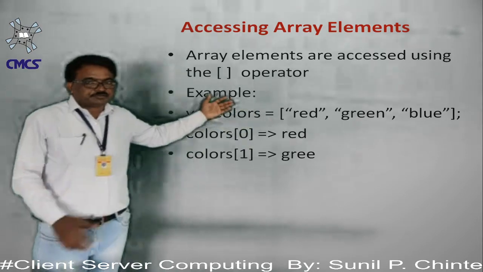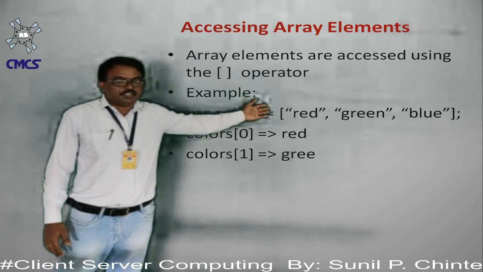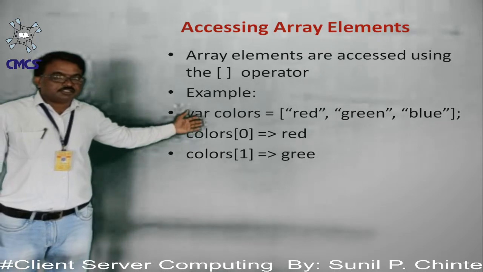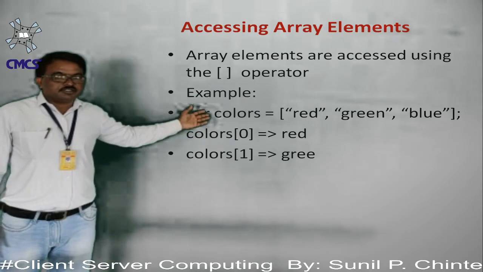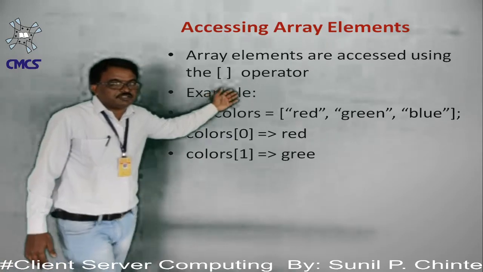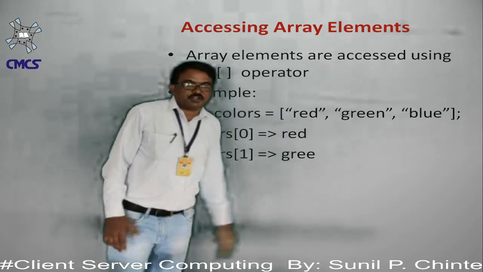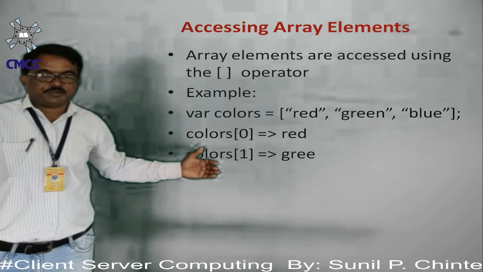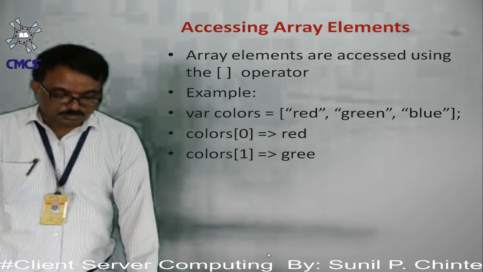Here the subscript operator with index 0 gives the element red. We access it by using the array name, the subscript operator and the index. In this way we can access every element of the array by using the index value and the subscript operator.